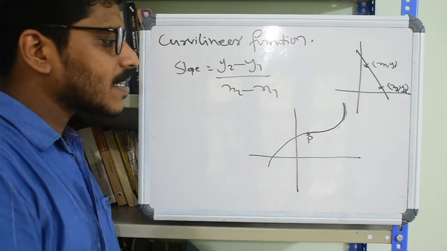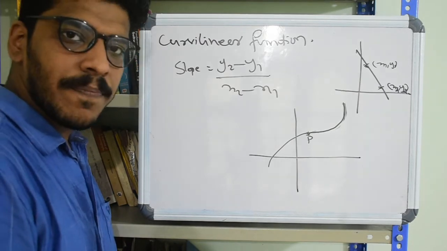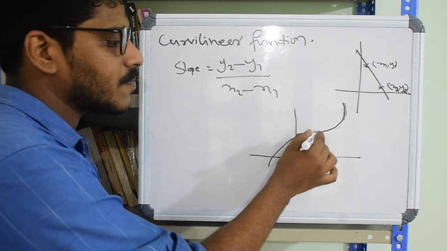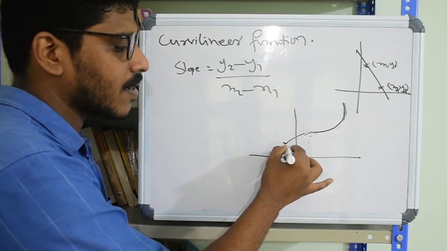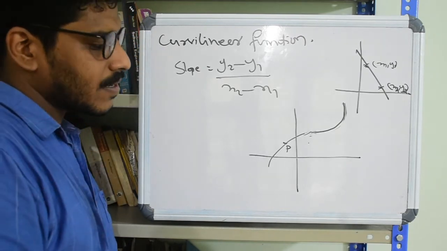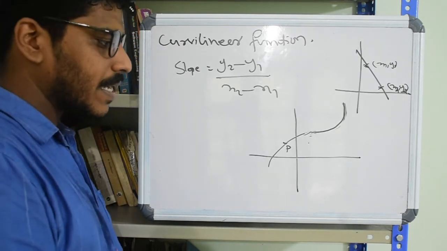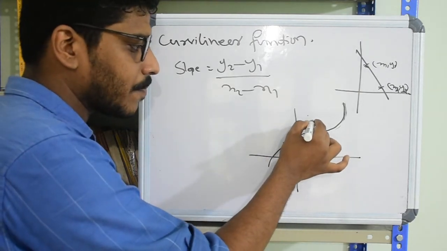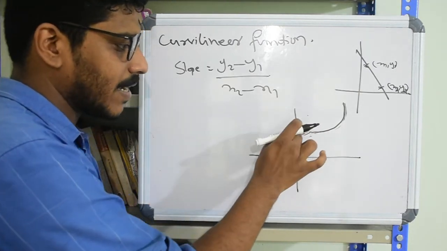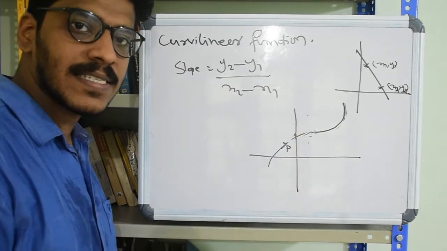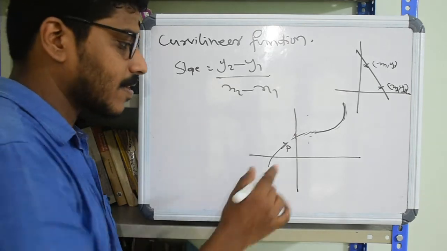The slope of the curve at the point P is defined as, I'll just move P to somewhere here for the sake of comfort, the slope of the tangent line at P. You know what is a tangent line? The tangent line is a line that touches the graph exactly once, not again, exactly once.